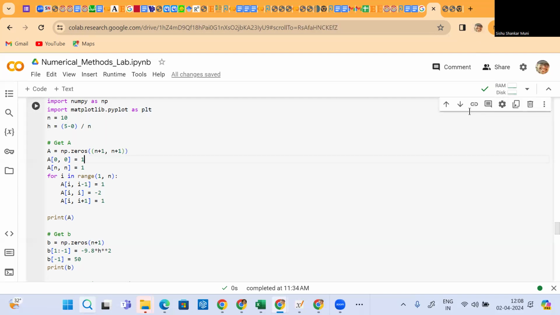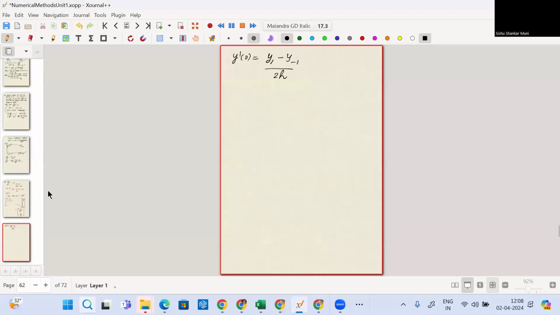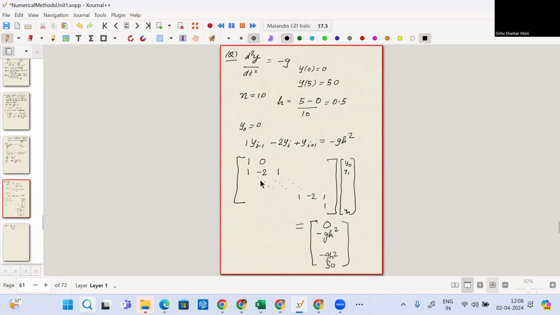So I have written down here, using the for loop. See the lecture note. This is the matrix, right? See this 1, minus 2, getting shifted by one place in each row.